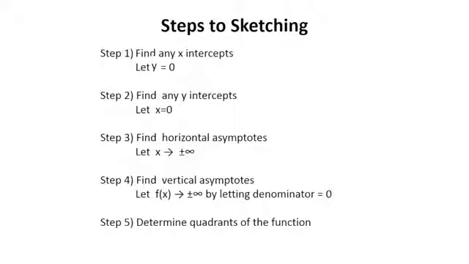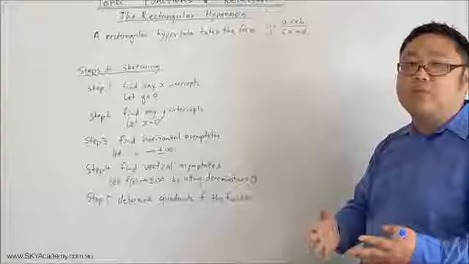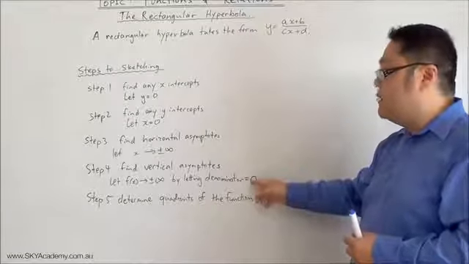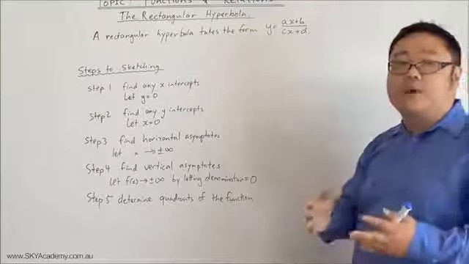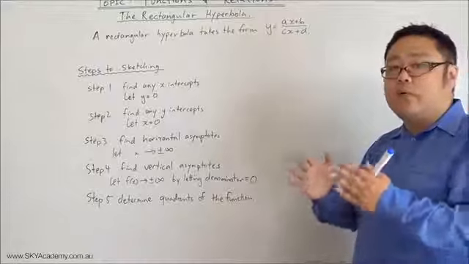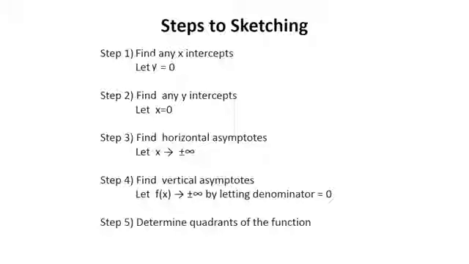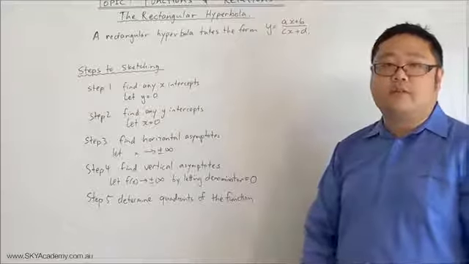Step 4, find the vertical asymptotes by letting the denominator equal 0, because the denominator cannot equal 0. That's where the function will be undefined, and that's where your vertical asymptote will be. And finally, determine the quadrants of your function.